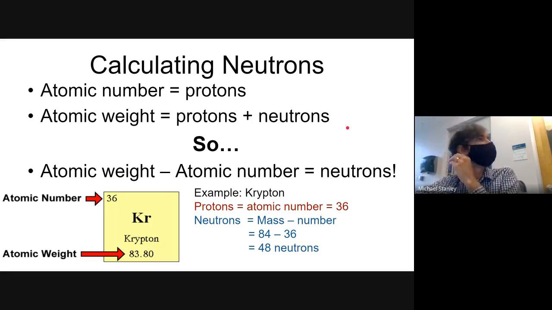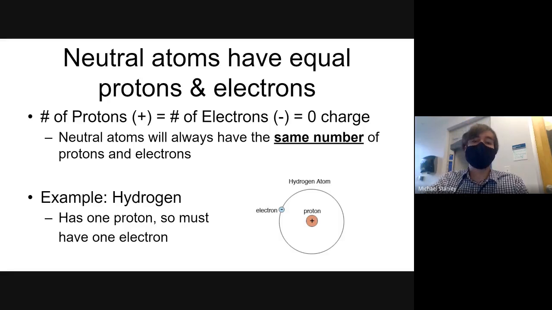All right. So we figured out our proton number. And we figured out our neutron number. So the one thing that we have left to calculate is our electron number.